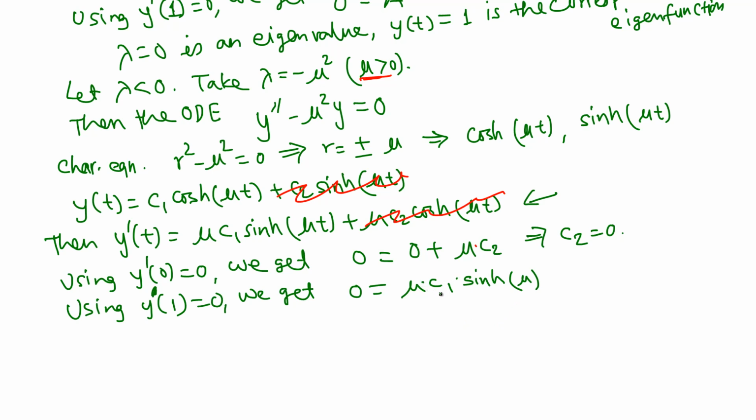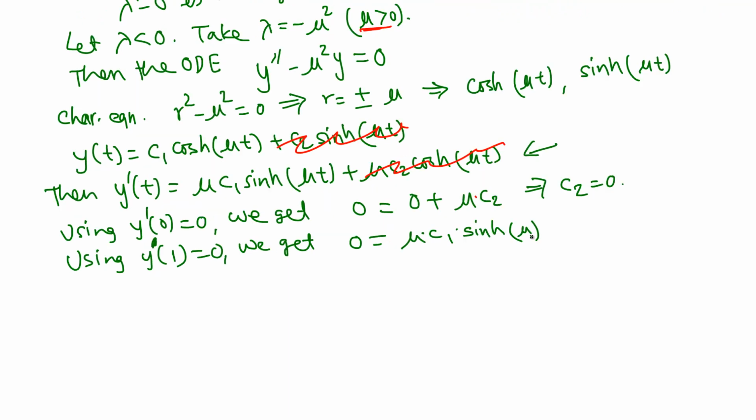Okay, we try to avoid c1 being positive. Let's see, sinh mu is a positive number. Sinh is 0 at only one place, when its argument is 0. Sinh x is 0 if and only if x is 0. But in this case mu is a positive number, so this is never 0. Mu is never 0 because it's positive. That means c1 must be 0.